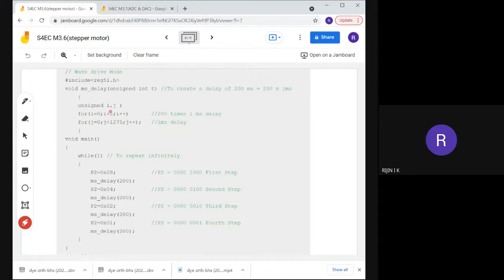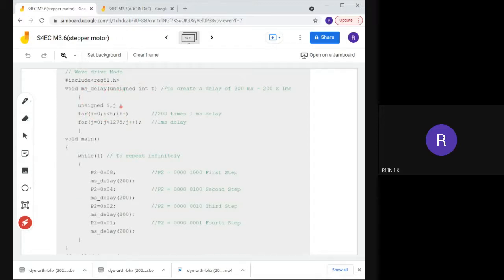Suppose the value of t is 10, then it will generate a 10 millisecond delay. If the value of t is 200, it will generate a 200 millisecond delay. This is the delay generation function.